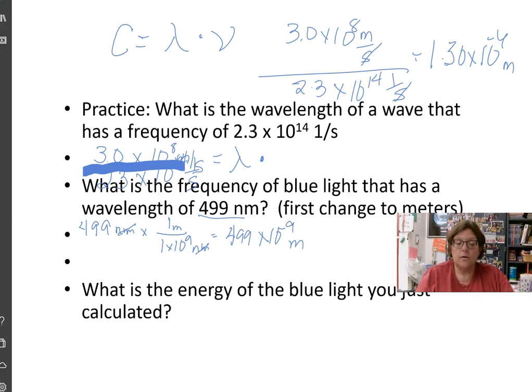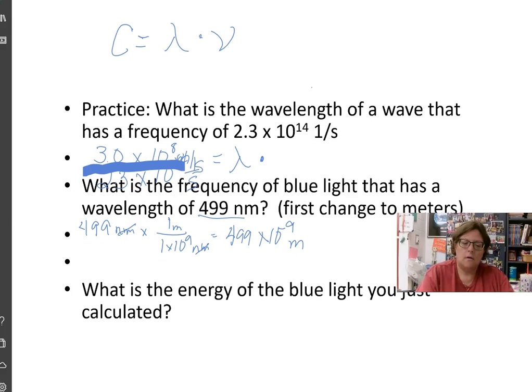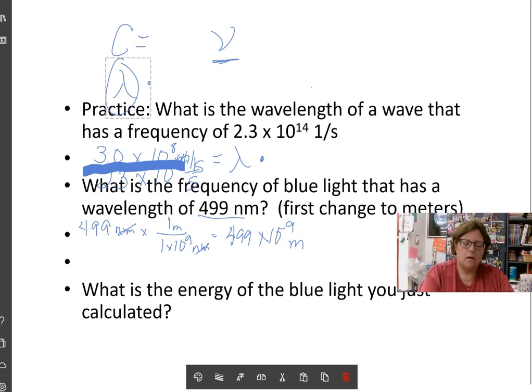We're solving for frequency. I'm going to use my eraser here and write this out up here. So, frequency of blue light. We're solving for frequency, which means we're going to move this over here.